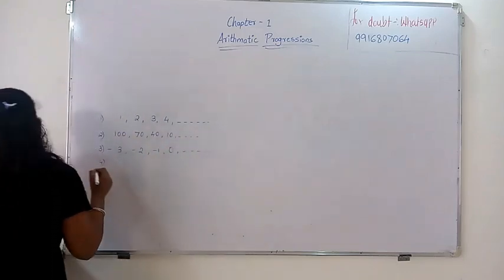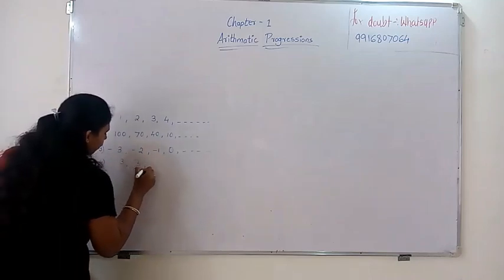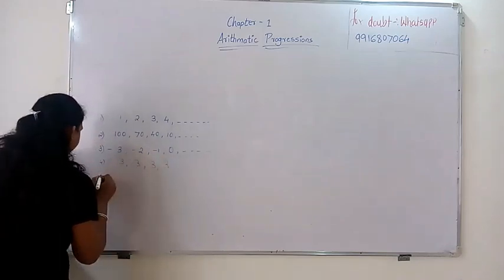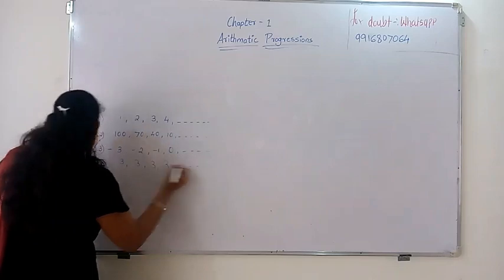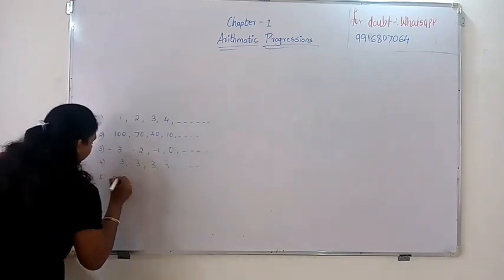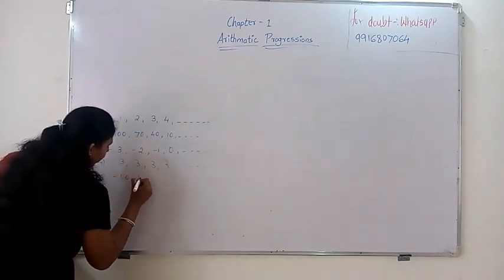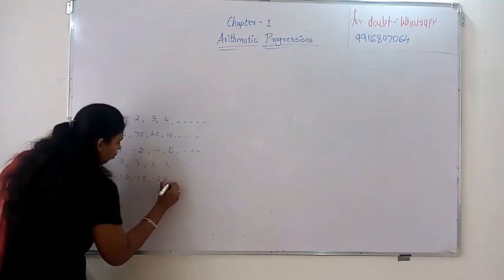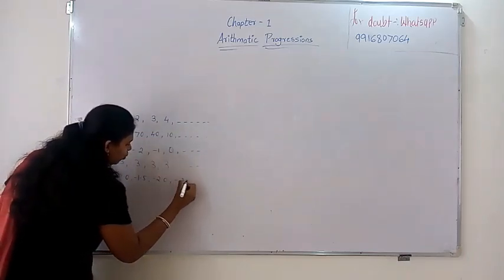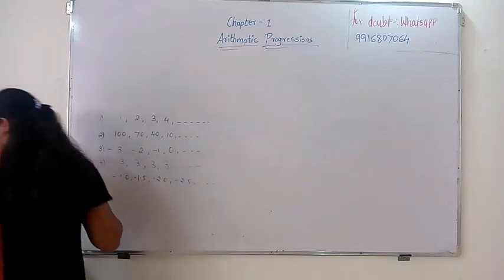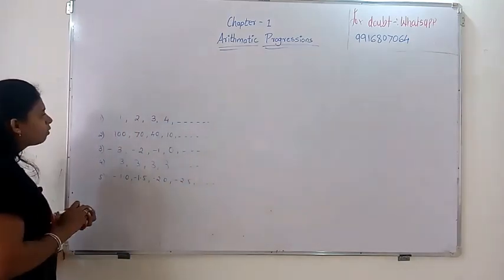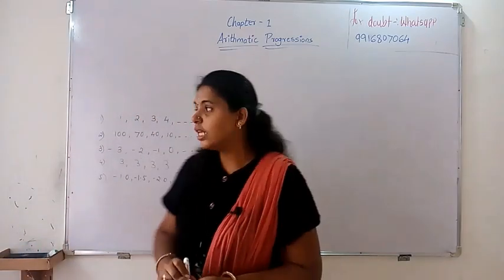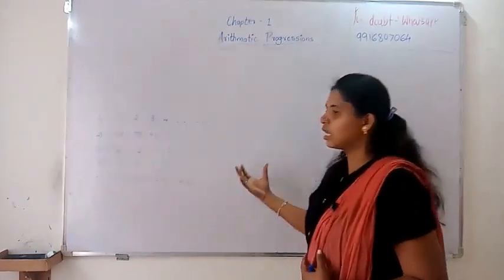Fourth one: 3, 3, 3. Fifth one: -1.0, -1.5, -2.0, -2.5, like this. So these are what?